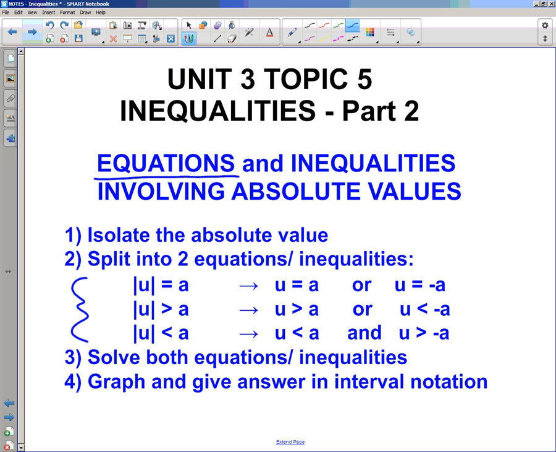When we split it up, we have to determine whether we're going to get an and or an or. It turns out for an equal sign, it's always an or. When it comes to inequalities, it's either going to be an or an and. It's important that you get that right, because that determines whether you're looking for overlap or whether you're looking for 2 separate regions, or anything that's covered by either of them.